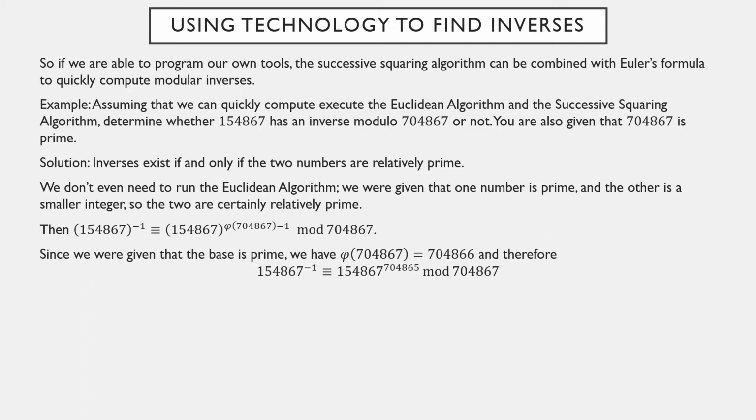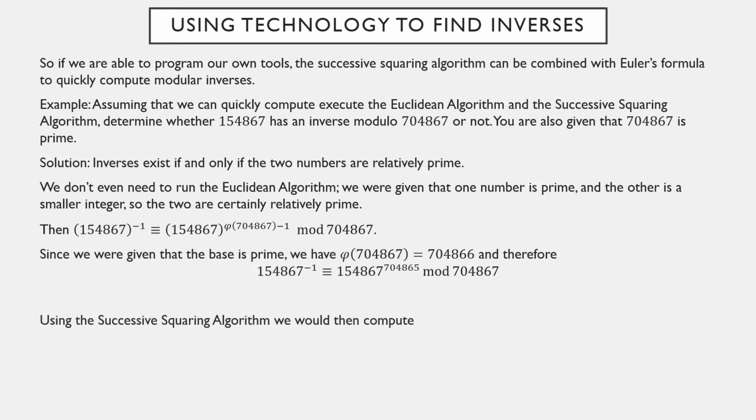So 154,867 inverse is equivalent to 154,867 raised to the 704,865. Modulo, of course, 704,867.